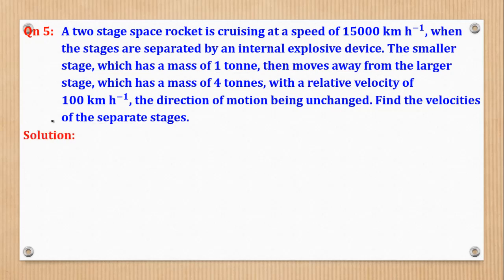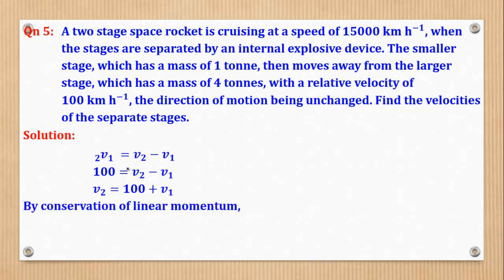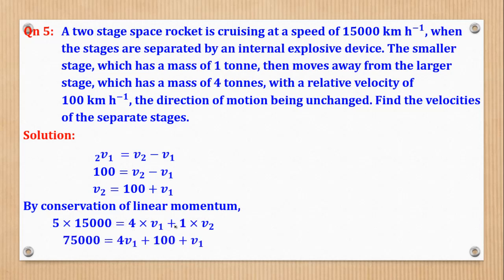So you shall come and say that relative velocity is given by that expression. Then come and substitute, relative velocity was 100, meaning I can now make V2 the subject. Then you can use conservation of linear momentum. Before separation it was that, after separation they were now split into two, one for 4 tons, another one for 1 ton. But I know V2 in terms of V1, so come and substitute for V2 in terms of V1.